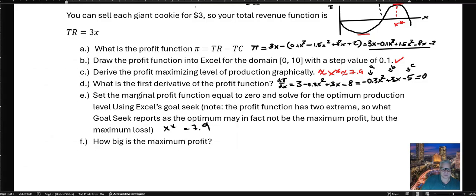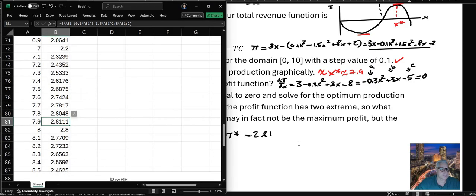So now we have here our result, optimum profit. Okay, so optimum profit is around 2.81. Was that correct? Yeah.